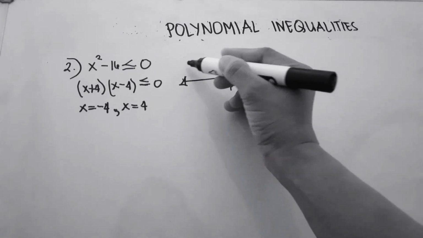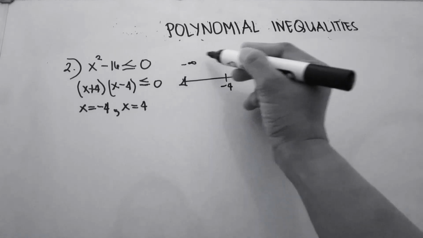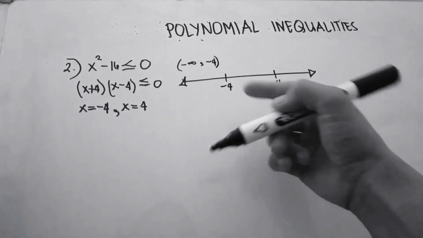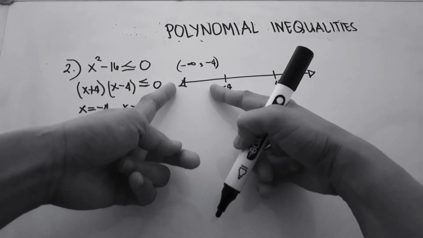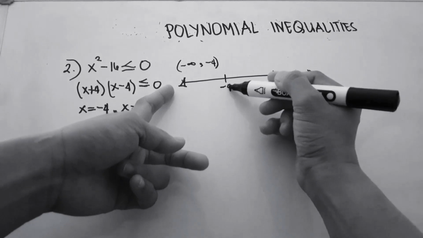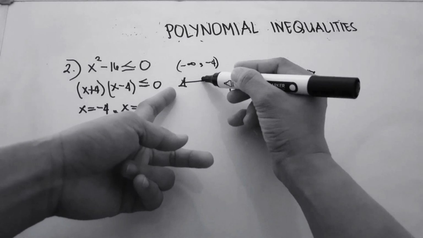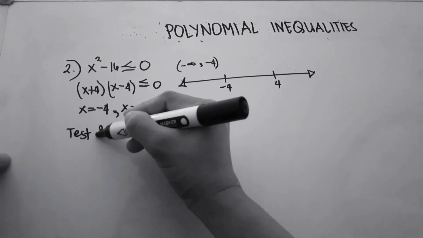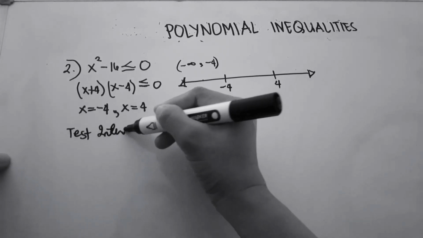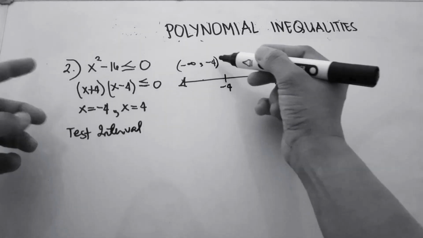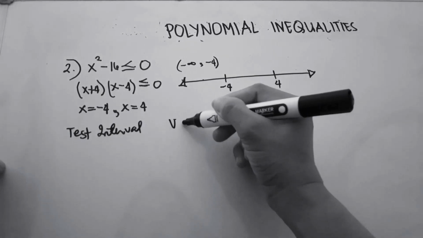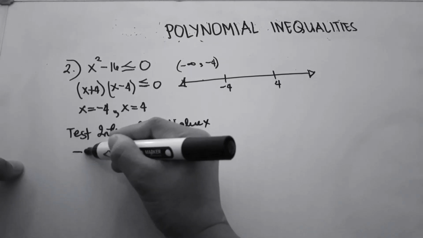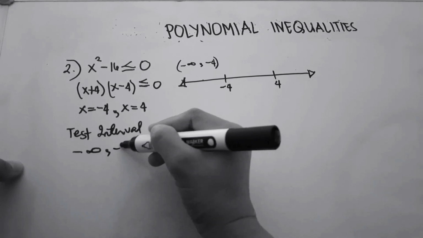Let's see if we can solve this by testing each interval. For the first test interval, we can pick a number not including negative 4, so let's say negative 5, as the value of x.